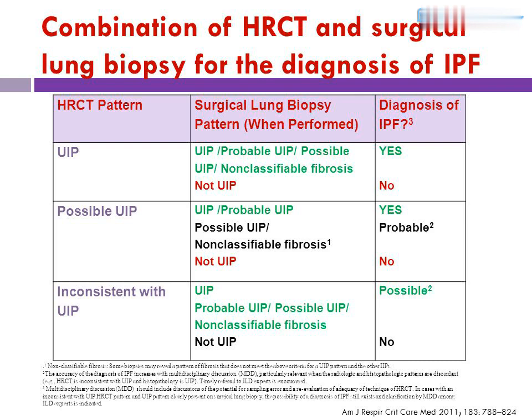In cases with an inconsistent with UIP HRCT pattern and UIP pattern clearly present on surgical lung biopsy, the possibility of a diagnosis of IPF still exists and clarification by MDD among ILD experts is indicated. Am J Respir Crit Care Med 2011, 183:788-824.